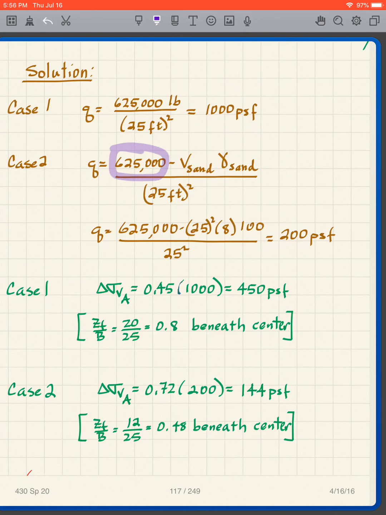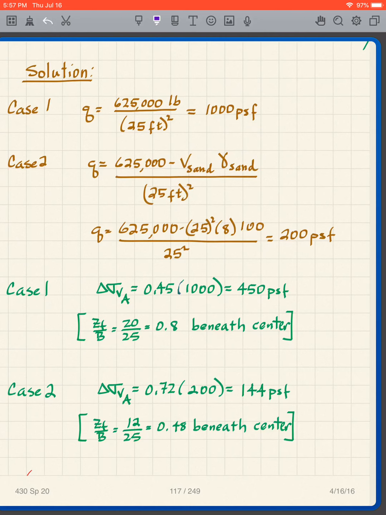If I can remove 625,000 pounds of dirt, then I have had no change in the stress of my soil below the structure, in theory. So the basement works in your favor because you're removing weight.